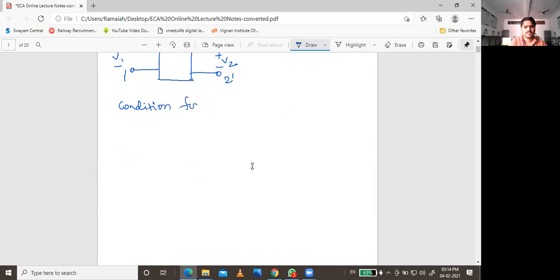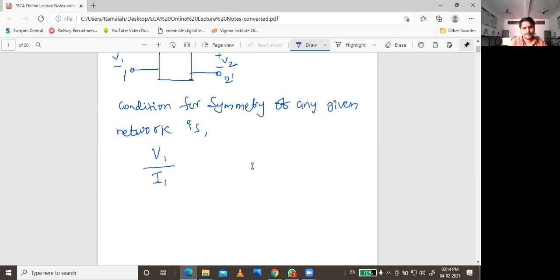The condition for symmetry of any given network is V1 by I1, that is the impedance from port 1 when port 2 current is 0.